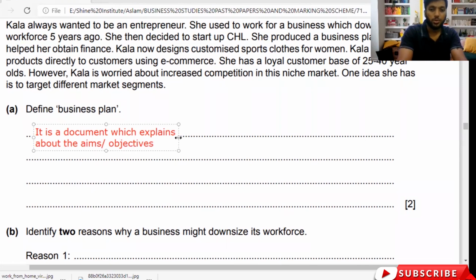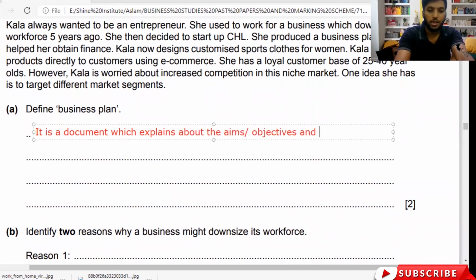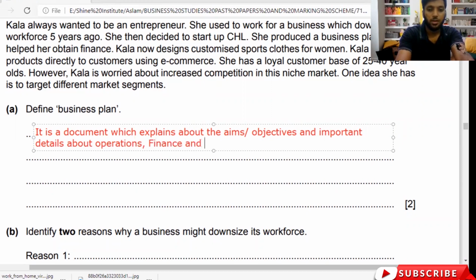So it is a document which explains aims, objectives and important details about operations, finance and ownership. So this is the basic definition of a business plan.